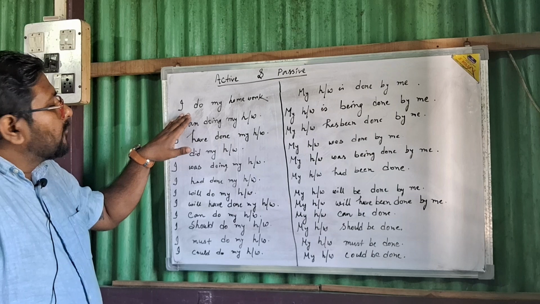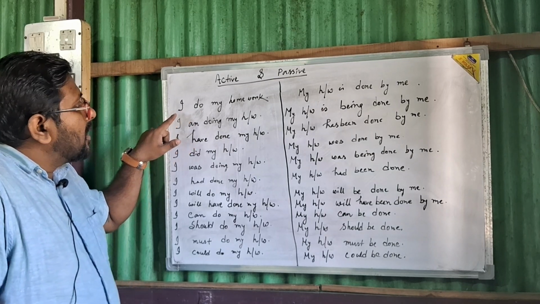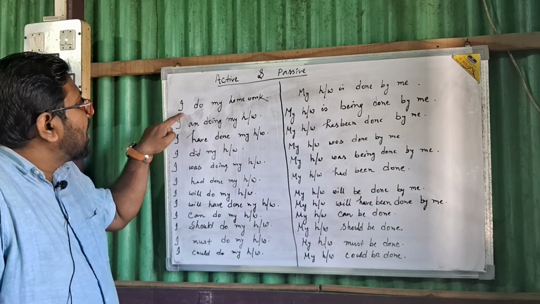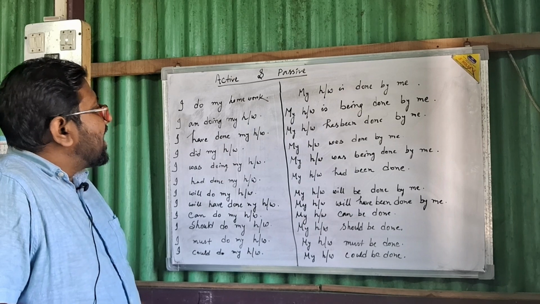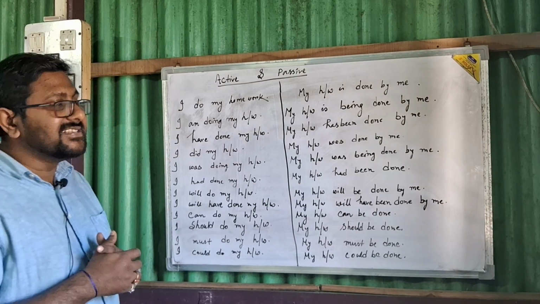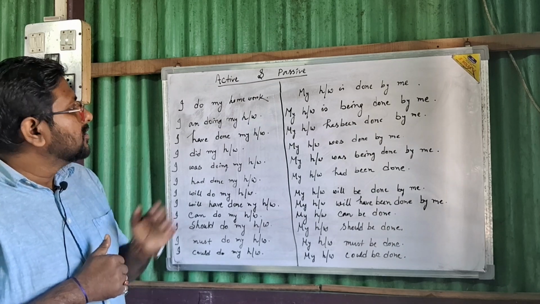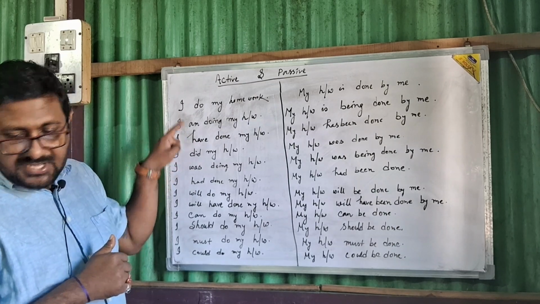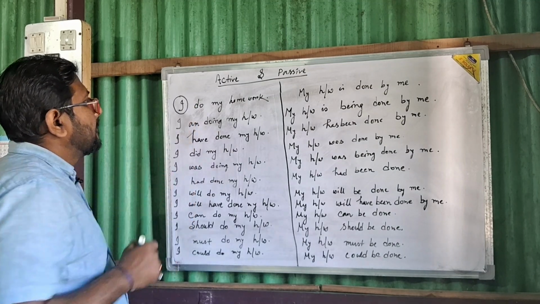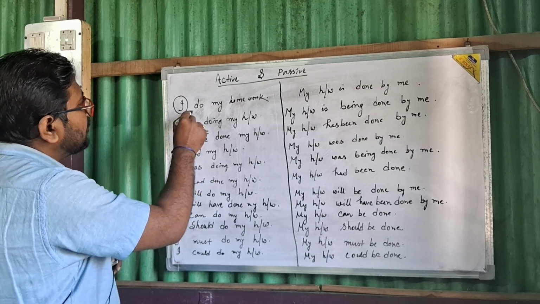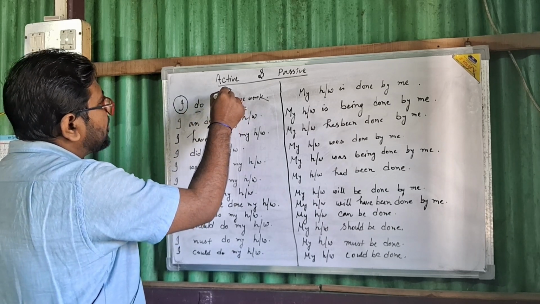So first of all, if we are clear with our tenses, then I'm sure you must have understood "I do my homework" is simple present tense. And once we know what tense it is, we will first find out what our subject is. So here our subject is I, and "do my homework," that's my object.